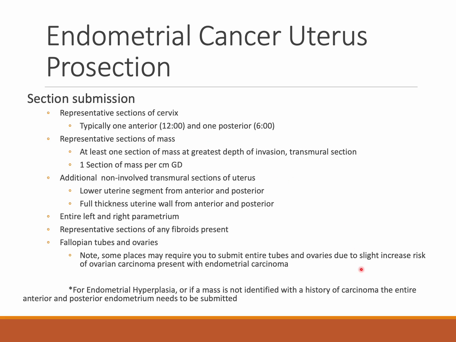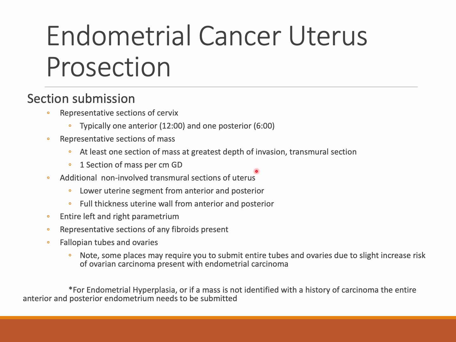Although things can get tricky now because there's a mass there, so you might have the entire posterior endometrium involved with endometrial carcinoma. So your full thickness is going to look a little unique. I do try to get those that are non-involved if possible, but sometimes it's just not possible. So don't stress out if you absolutely can't get a non-involved normal section for each side, but you can at least try.